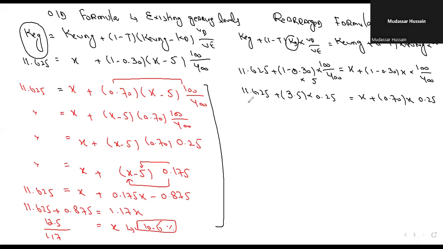So guys, 0.25 multiplied by 3.5 is giving you the value of 0.875. So 11.625 plus 0.875 is equal to x plus, when you multiply these figures, 0.25 multiplied by 0.70, 0.175x.